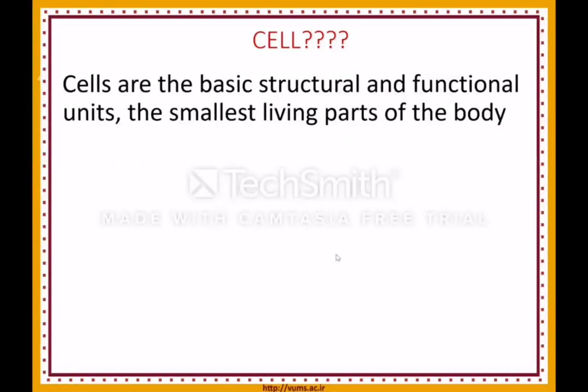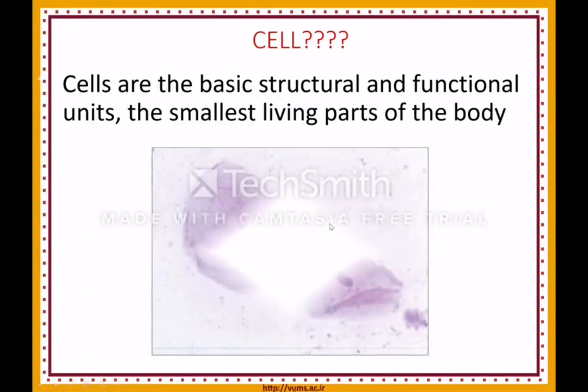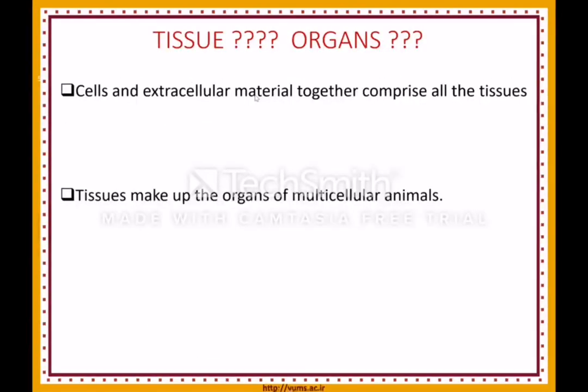Do you know the cell? What is the cell? Cells are the basic structures of the body. The cell is the smallest living part of the body that has structure and function. When some cells and their ECM, or extracellular matrix, that have the same structure and same function comprise together, this is very important.